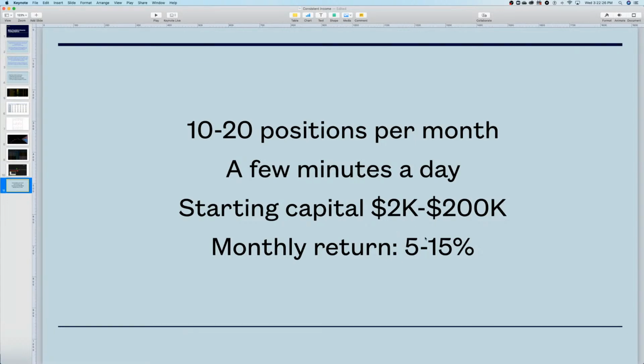But I think that it's very easy, especially when your account is smaller, to easily do between 5 and 10%. If you're super good at this, I don't see any reason why you can't churn out 15%. And as a matter of fact, as you get to larger account sizes, it gets a little easier to get slightly higher. When you're small, you're trying to cherry pick.